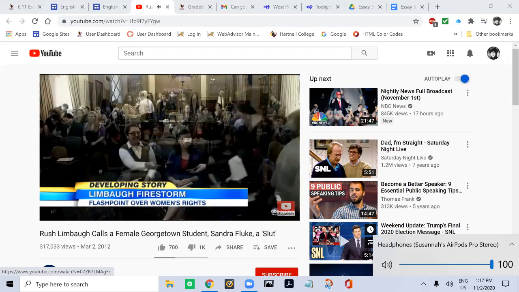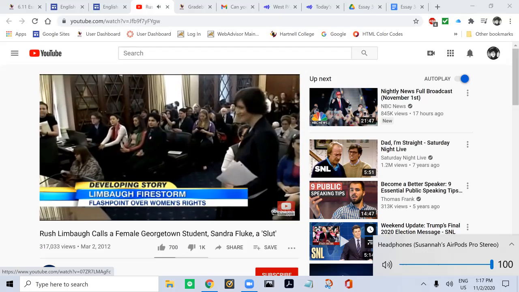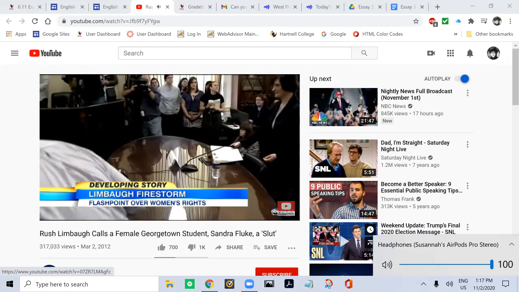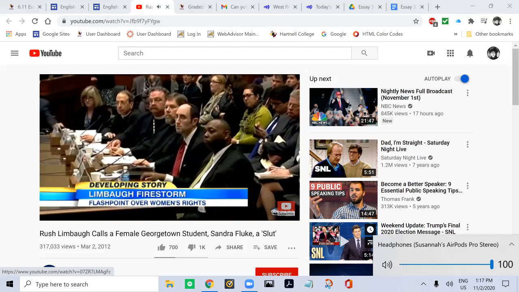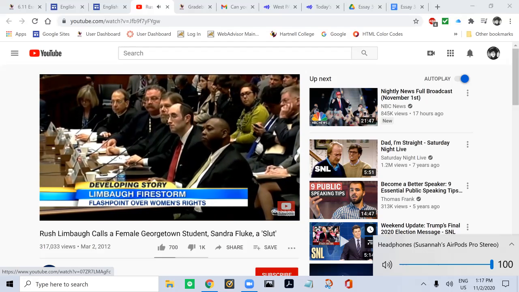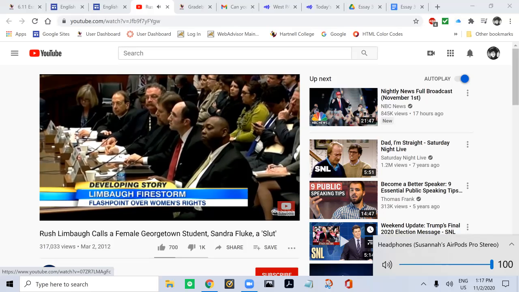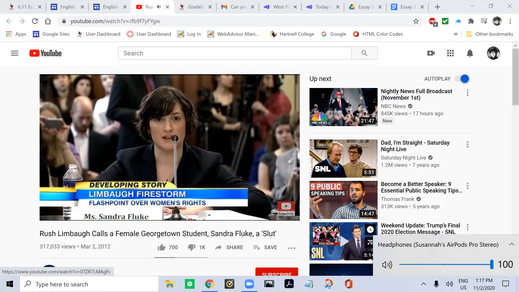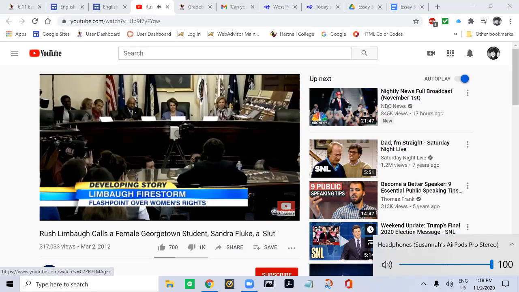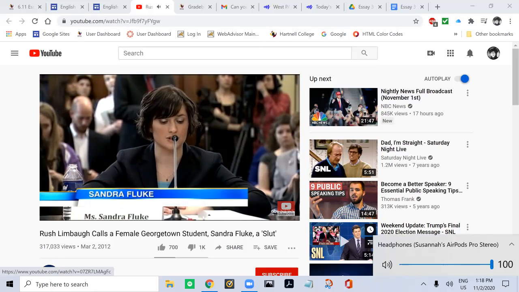Fluke, a third-year law student at Georgetown, is now the flashpoint in a debate about whether employers should be required to fully cover contraception even if they have religious objections. Fluke had been prevented from testifying by Republican Congressman Darrell Issa at this congressional hearing in mid-February. 2 congresswomen even walked out of the hearing after only men testified. But last week, Fluke was back before Congress, this time speaking at an unofficial hearing held by Democrats. Without insurance coverage, contraception, as you know, can cost a woman over $3,000 during law school.